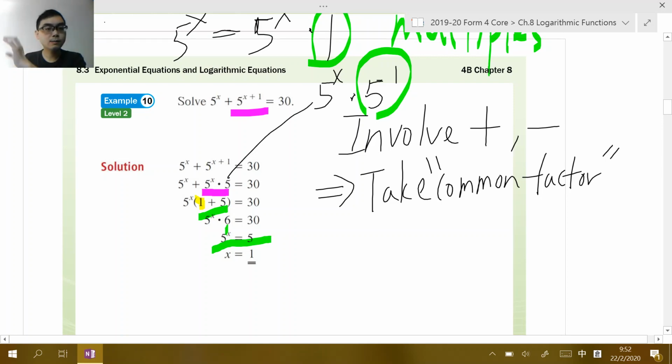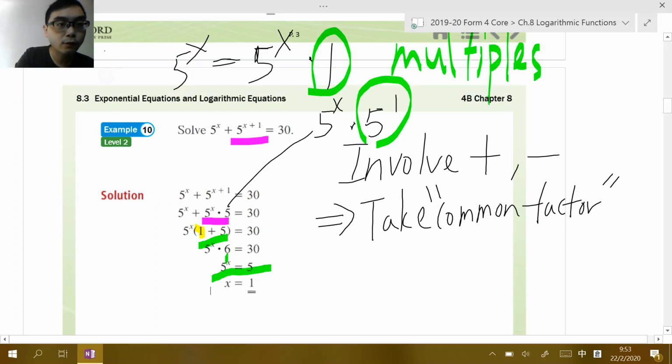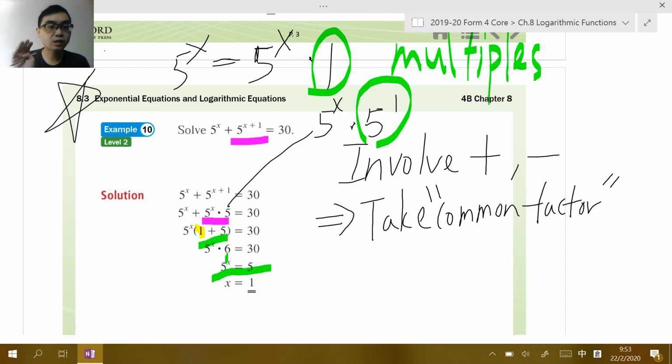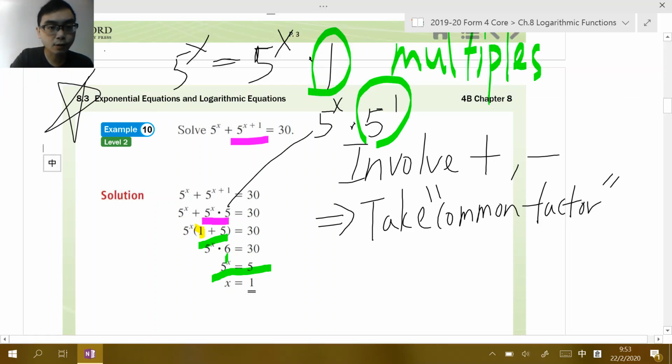Then you can simplify them by adding or subtracting, and then divide this number to the other side in order to make the question simpler. Now, please remember this kind of example, because from my past experience, I could see many students felt very difficult when they did this kind of question. And after that, we continue to take a look.